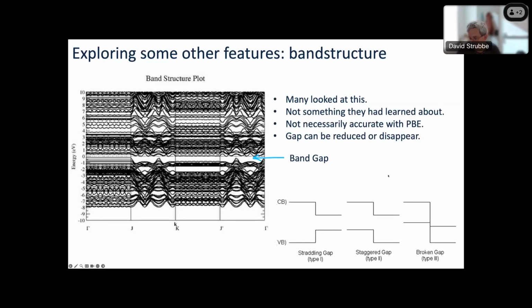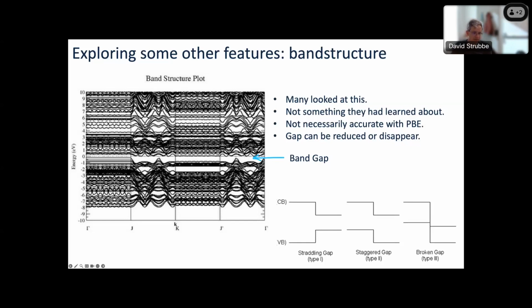I did not want to focus on this in the exercise because, as anybody who's familiar with DFT probably knows, the band gap is one of the properties that we do not expect to get very accurately in DFT. On the other hand, it is still interesting for them to look into. Particularly, one can see these classic type 1, type 2, or type 3 things going on here.